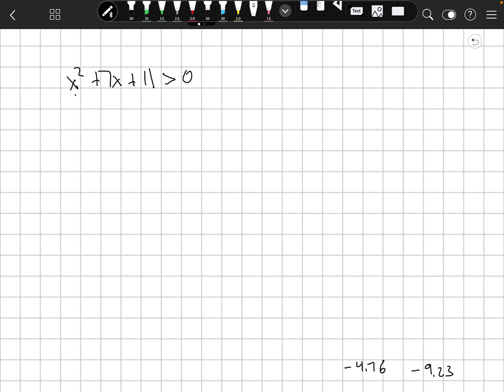This time you might notice it's not factorable. There's no factors of 11 that are going to add up to 7. So we're going to do the old, you might remember this, quadratic formula.